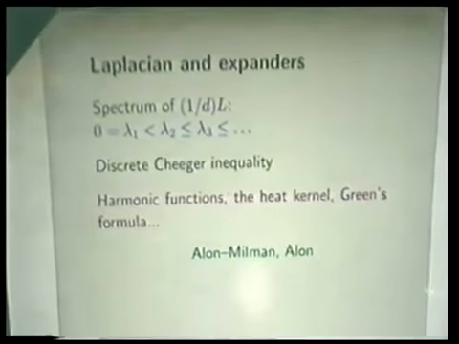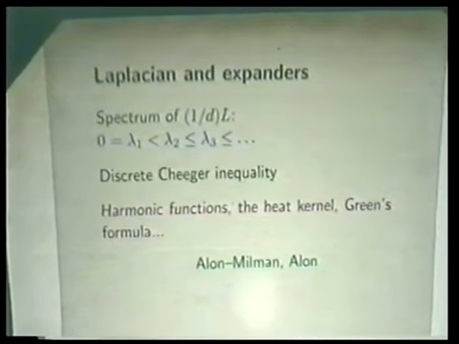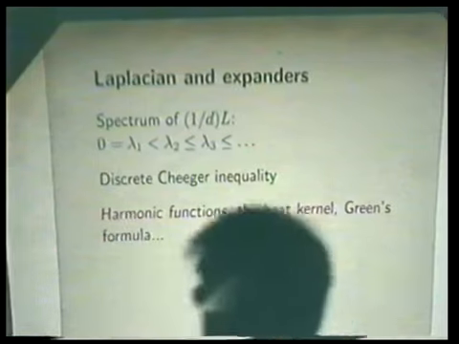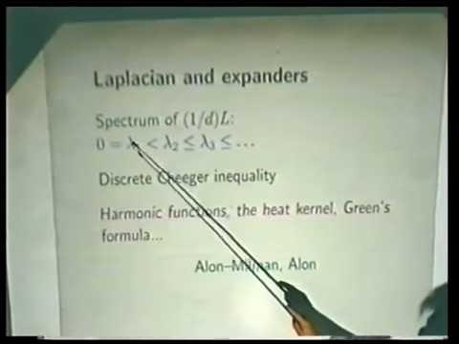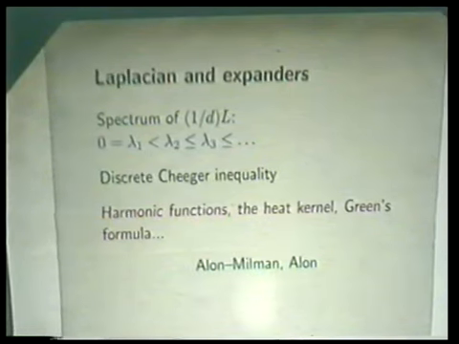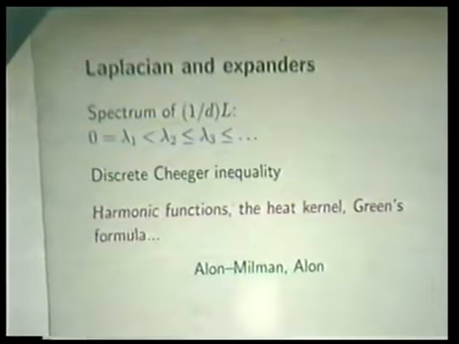The smallest eigenvalue is 0 because each row sum is 0. And actually, I prefer to scale it by 1 over d, but that's not very relevant. And so the other eigenvalues are lambda 1, lambda 2, lambda 3. And I assume it's a connected graph. Thank you, I forgot to mention that.